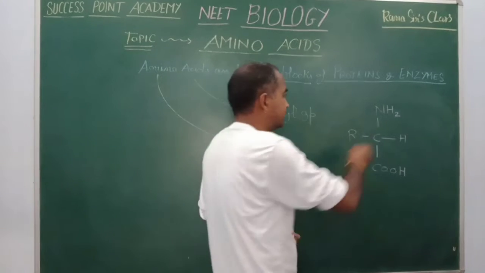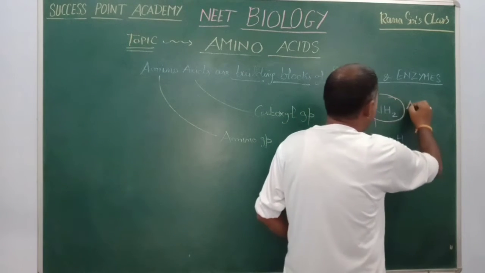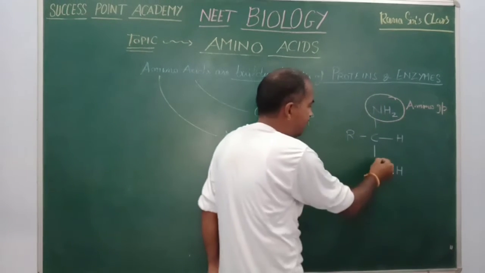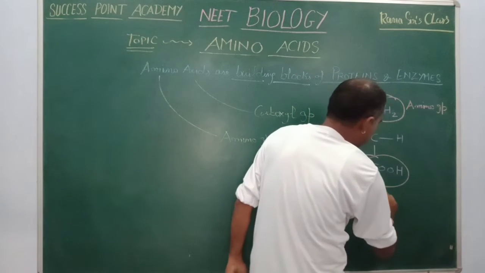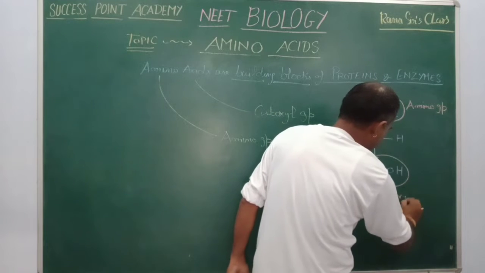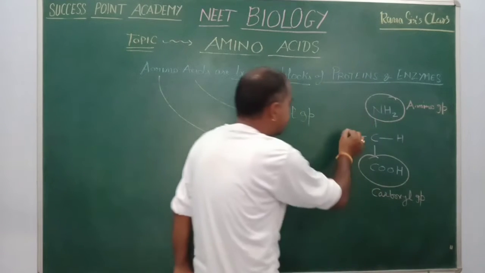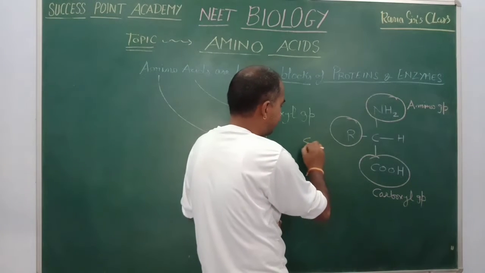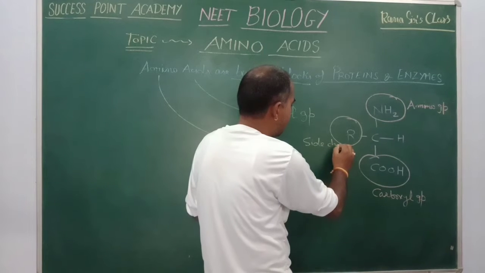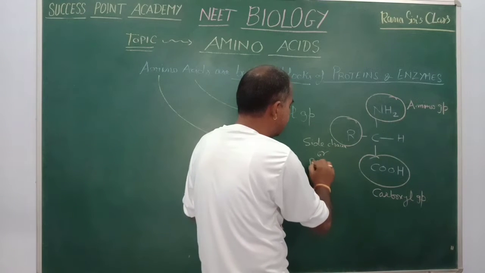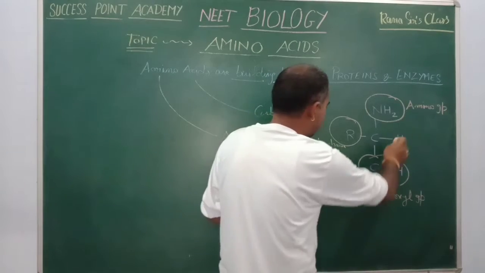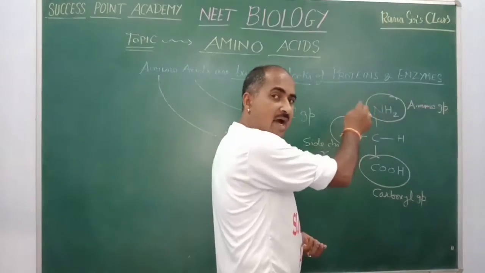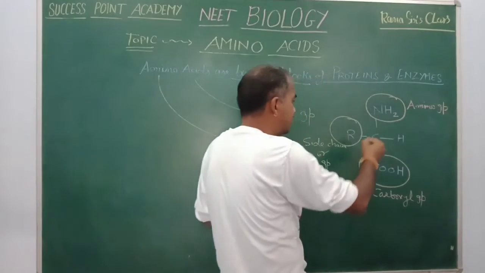This is the amino group, and here we have the carboxyl group, and this is the side chain, or sometimes we call it the R group. Hydrogen is there. This amino group is attached to which carbon? You may be asked in the exam.